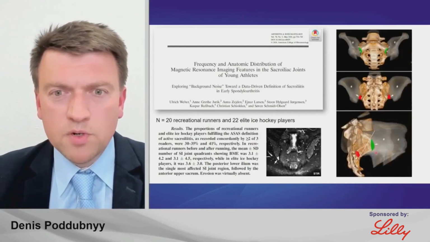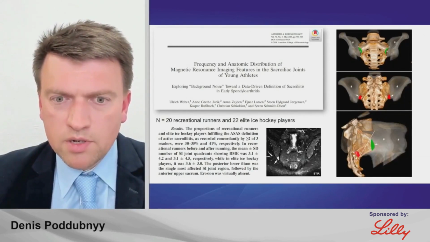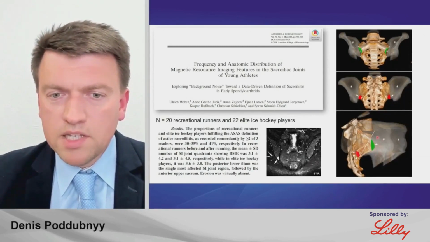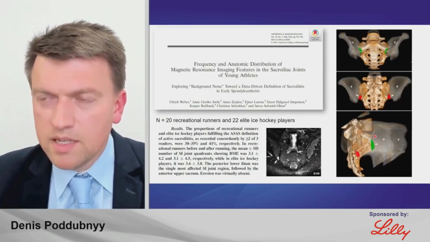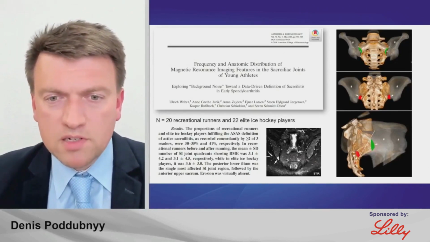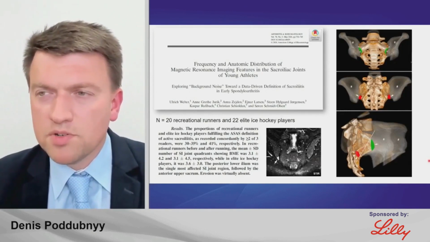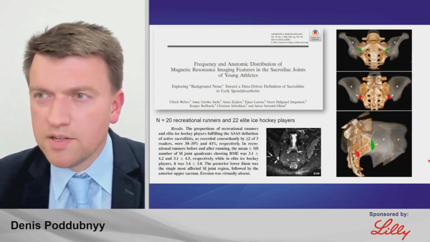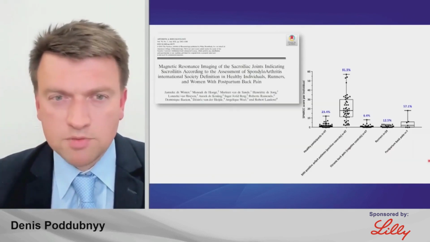We learned from this study that the caudal part of the joint and the very anterior part of the joint are affected by mechanical stress. So if you see bone marrow edema or sclerosis in this or this area, there should be a suspicion that these changes might be related to mechanical stress and not to inflammatory disease.